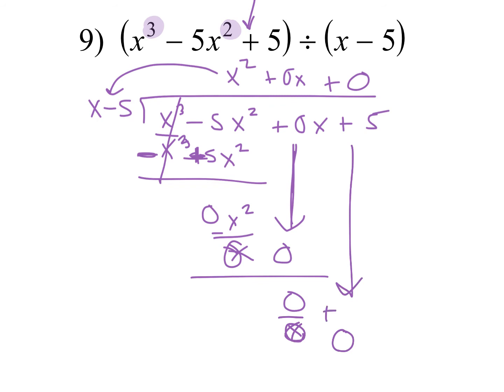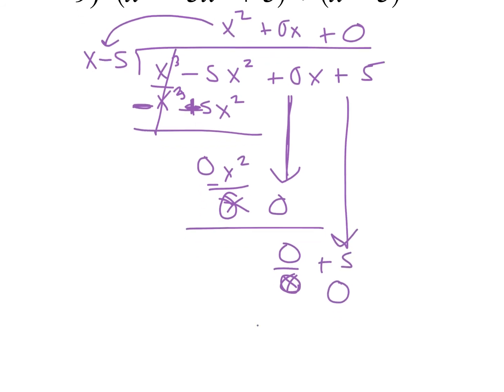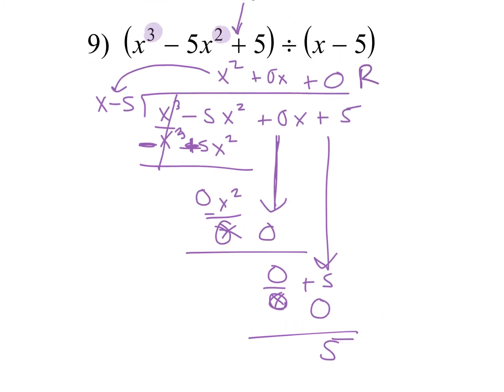And then we bring down this 5. What's 5 plus 0? 5. What do we do with the 5? That's our remainder. So our remainder is 5.